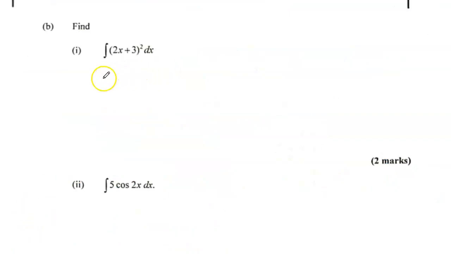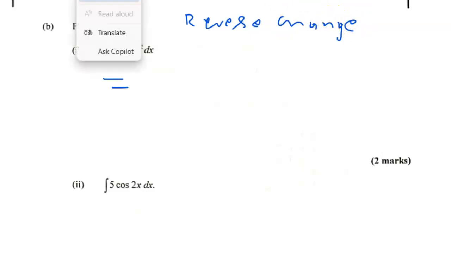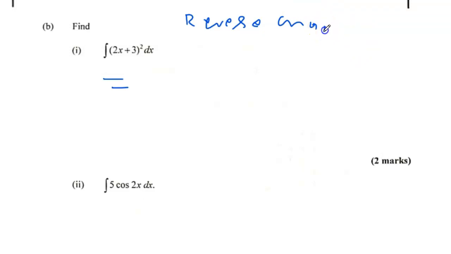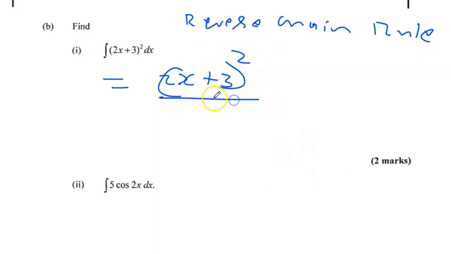So part B, we can just use the reverse chain rule for this. We have a linear expression here, raised to a power. So with the reverse chain rule, we add 1 to the power, so we get 3, and divide by the new power, which is 3.